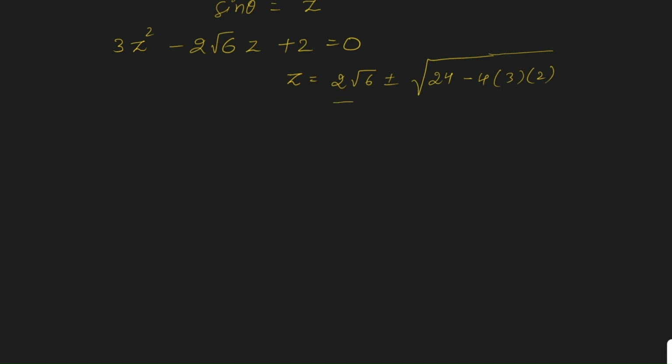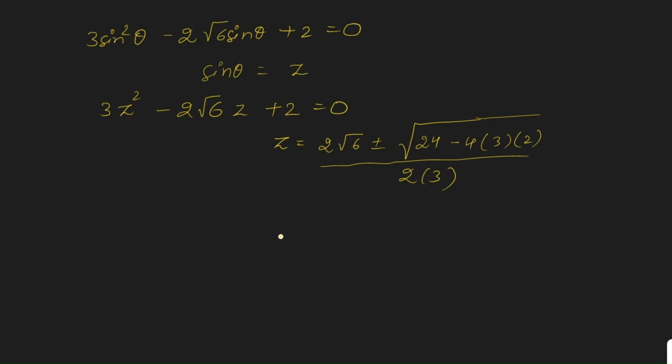So this will cancel out and we'll have just, let's simplify this. We get z as 0 under the root, and then we'll get 2√6 over 6, which is √6 by 3.